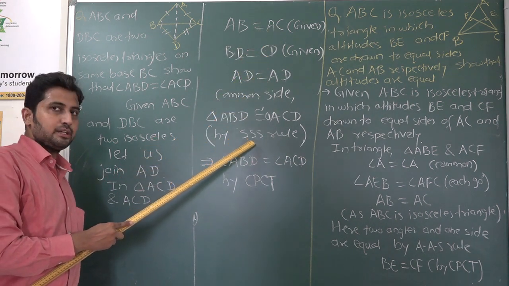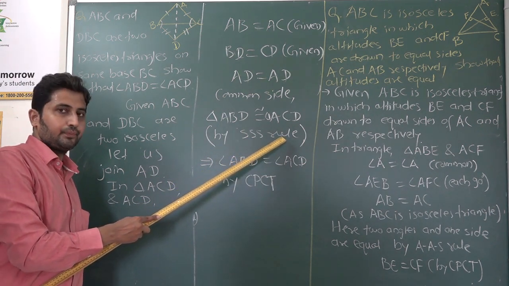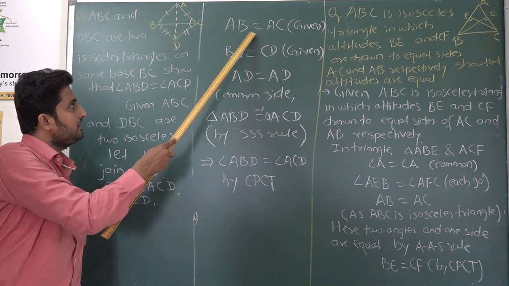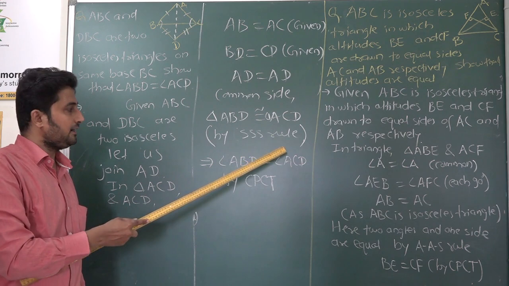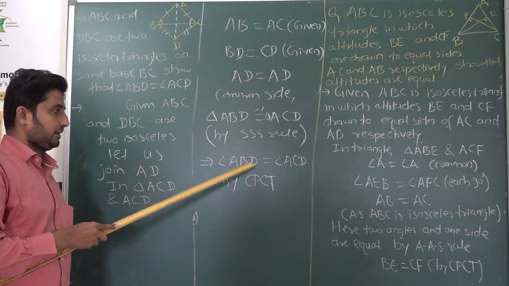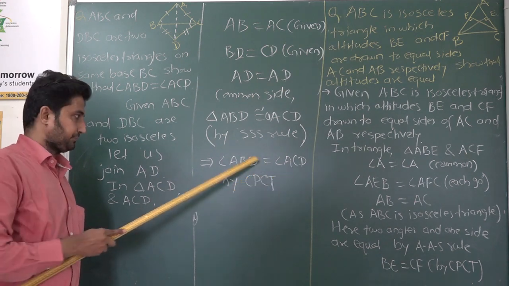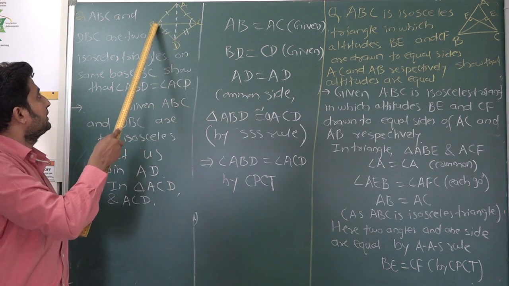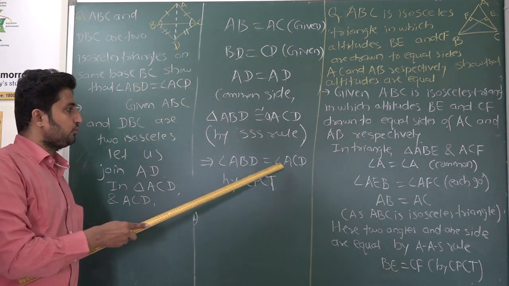So by using the side, side, side rule, we can say that triangle ABD is congruent to triangle ACD.